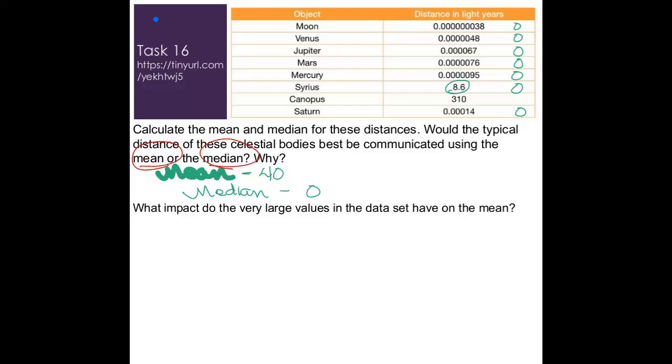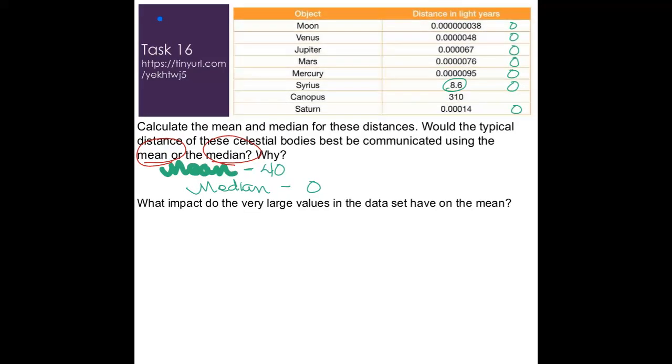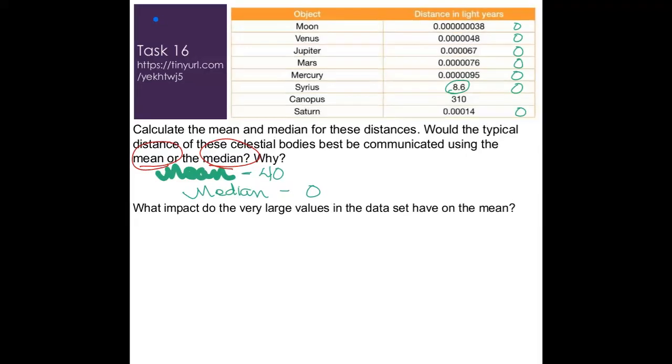The mean? The median, yes. So if you have one large number, that's going to pull your mean way off, okay? Because all of these really are closer to 0. So in this case, the median is going to be the better measure of center.